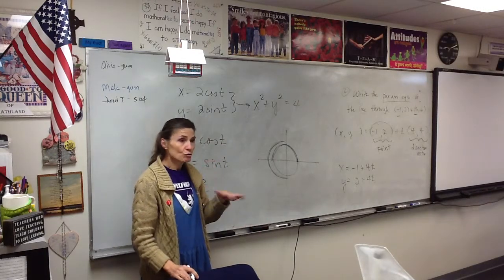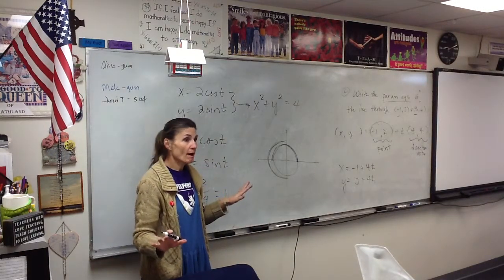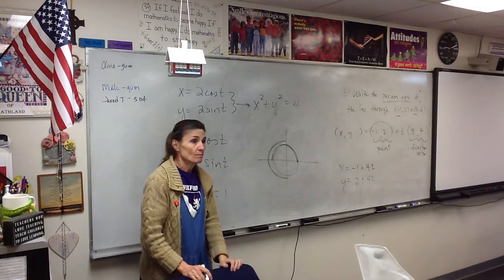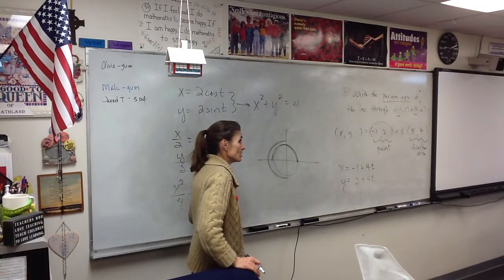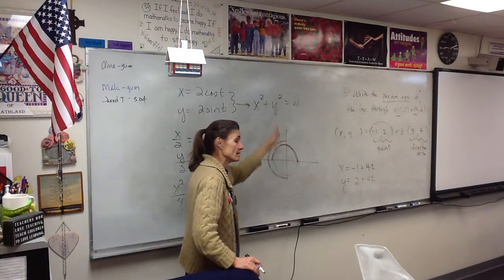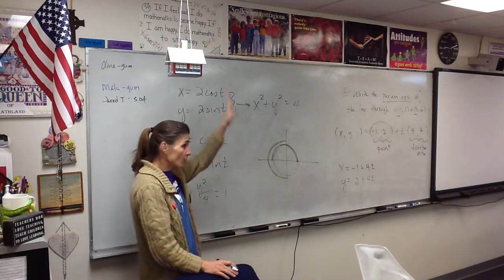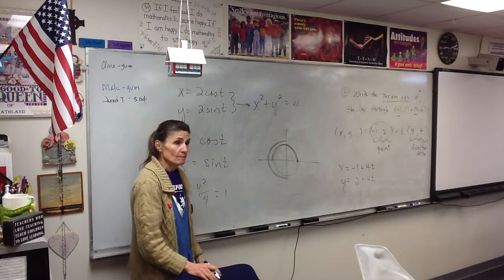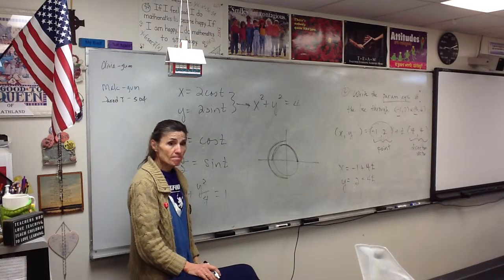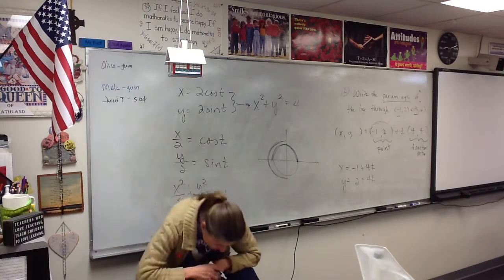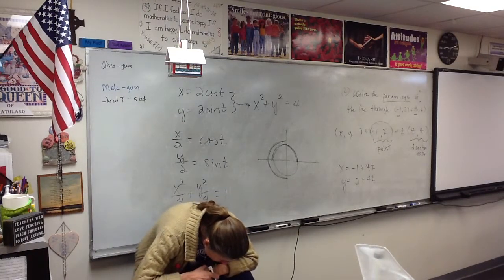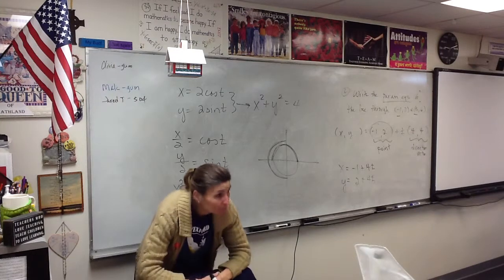You are in control of what gets graphed when you set your window. When you tell your calculator what t values to sketch, you're telling it where you want to see the picture. 0 to 2 pi is all the way around. Okay? All right. Anything else from this page?